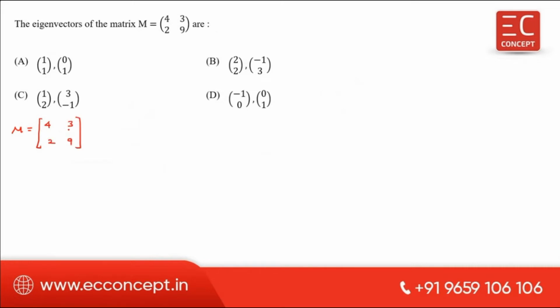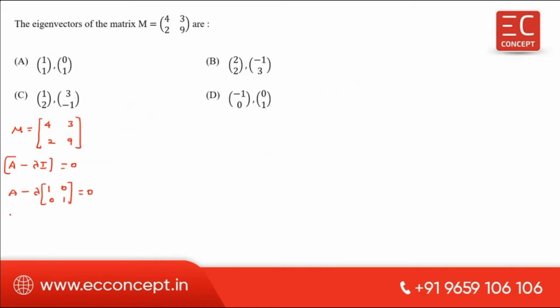See, they have given M is equal to [4 3; 2 9]. This is M. We know the eigenvalue concept: A minus lambda I is equal to 0. Now A minus lambda into [1 0; 0 1] is equal to 0.